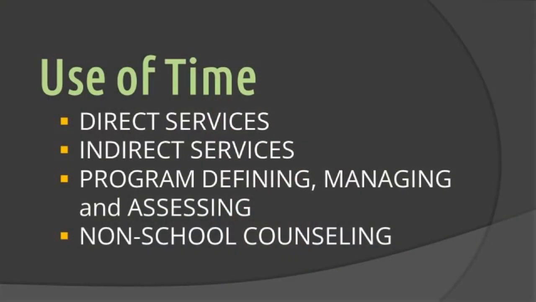There are 4 school counseling service categories, which we described back in Module 1, that align to each of the 4 services provided by school counselors according to ASCA: direct services, indirect services, program defining, managing, and assessing services, and non-counseling or non-program. Here are, again, brief descriptions of each.